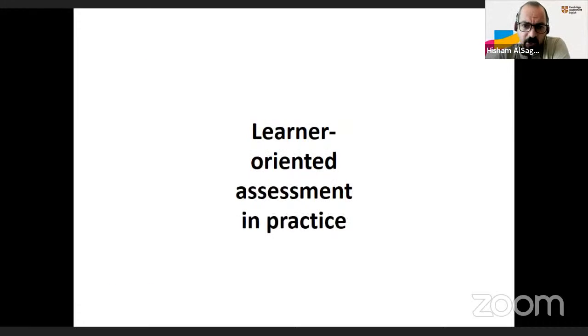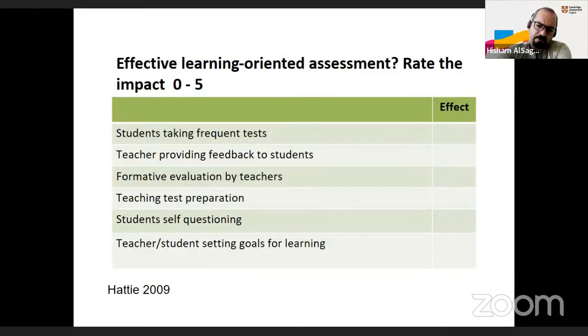Now, I did a brief piece of research using the Hattie 2009 criteria of measuring the effectiveness of learning tools in the classroom. And we asked a group of teachers a range of questions. One of them was to measure the impact of what they do in the classroom on the learner.